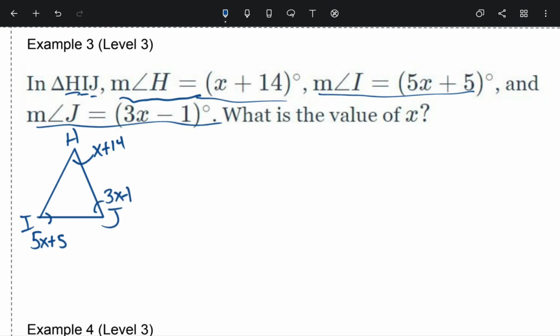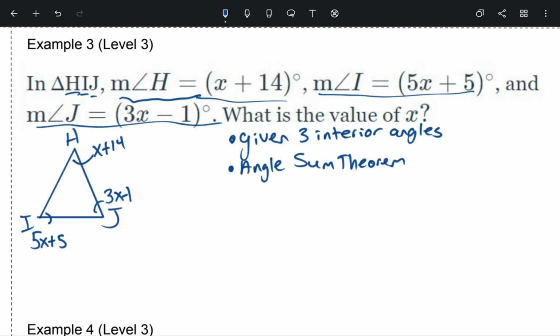Okay, I can see I'm given 3 interior angles, so I'm going to use the angle-sum theorem and just that. So we don't have to worry about exterior angles or the isosceles triangles. We just have to add all these together.